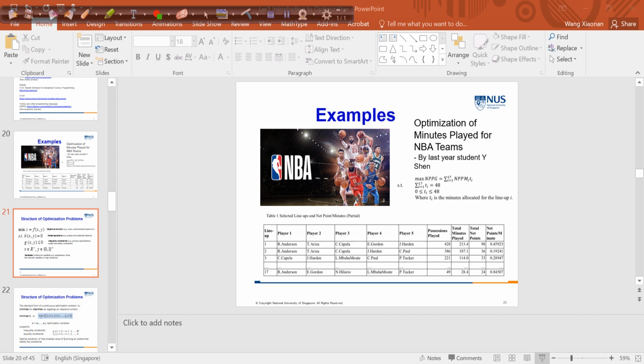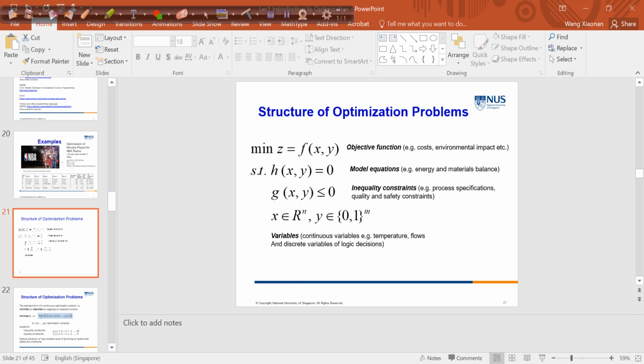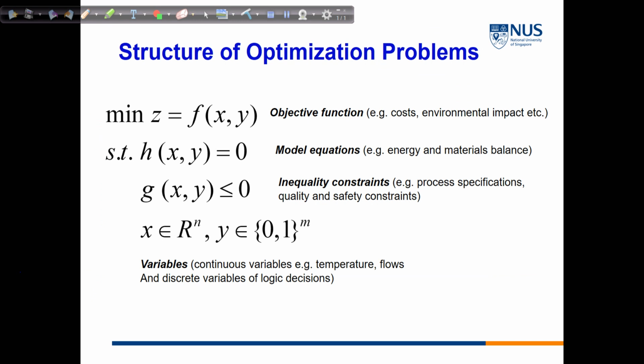Now let's move back again to the basic formulation of the optimization problem. So we look at the structure of optimization already with the objective function.